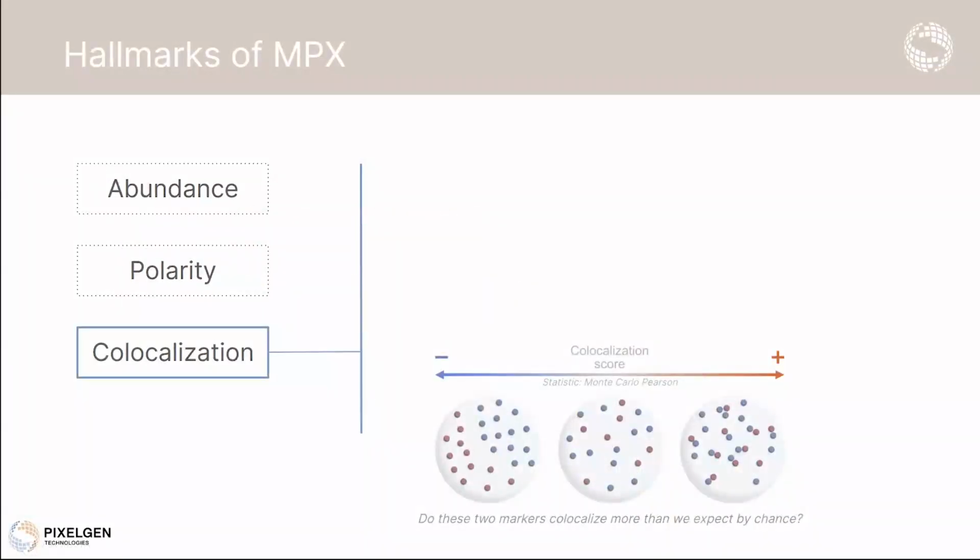But then the second spatial metric, the colocalization metric. So if we're looking at the bottom here, we've also developed a score for this, of course, in order to assess it. It's called the colocalization score. And if it's negative, it means that these two markers are actually segregating away from each other. So it's not random. They don't end up next to each other.